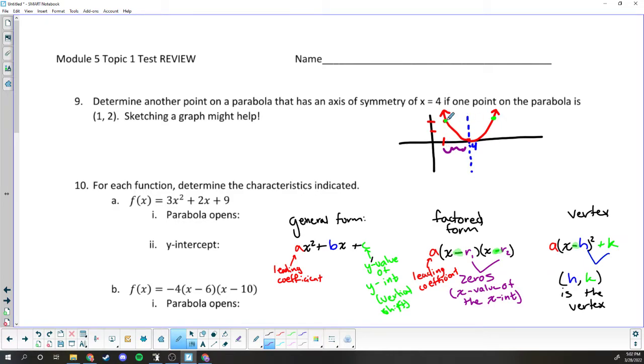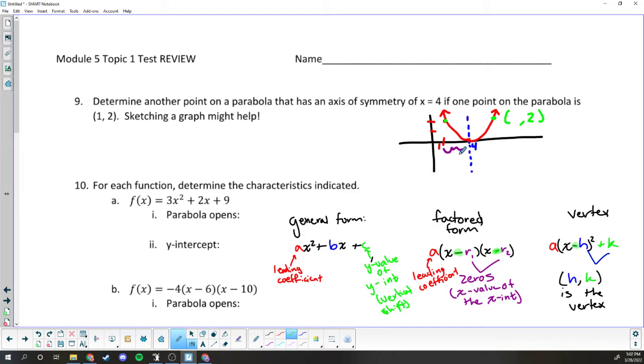Okay. I know that they're going to be at the same height, right? So at least I know that my coordinate point is going to be something, 2, because my y value is already at 2. But my x value, I have to think about when I was at 1 over here, right? This is my x value of 1.